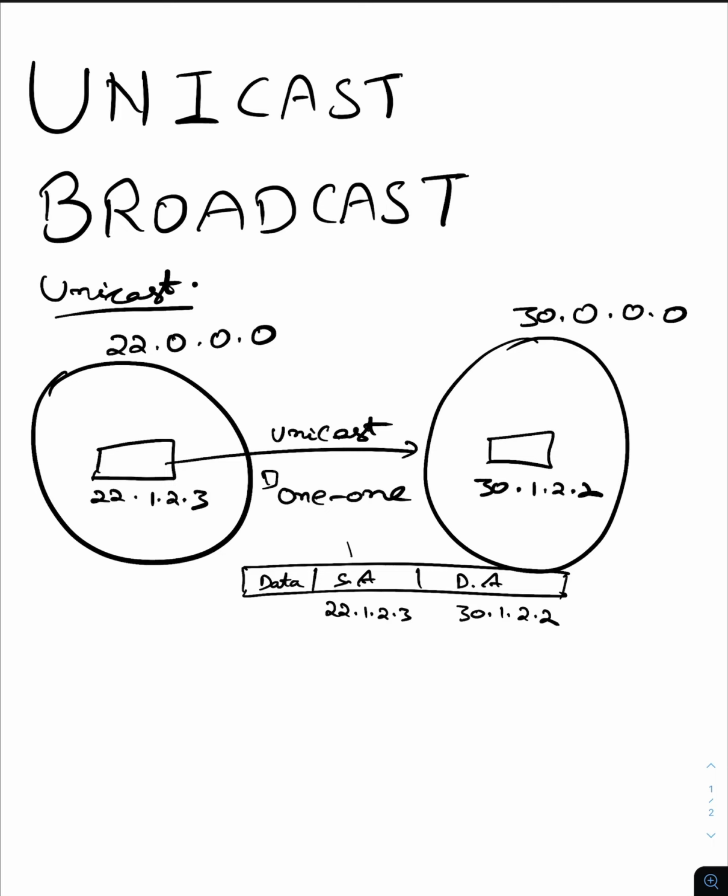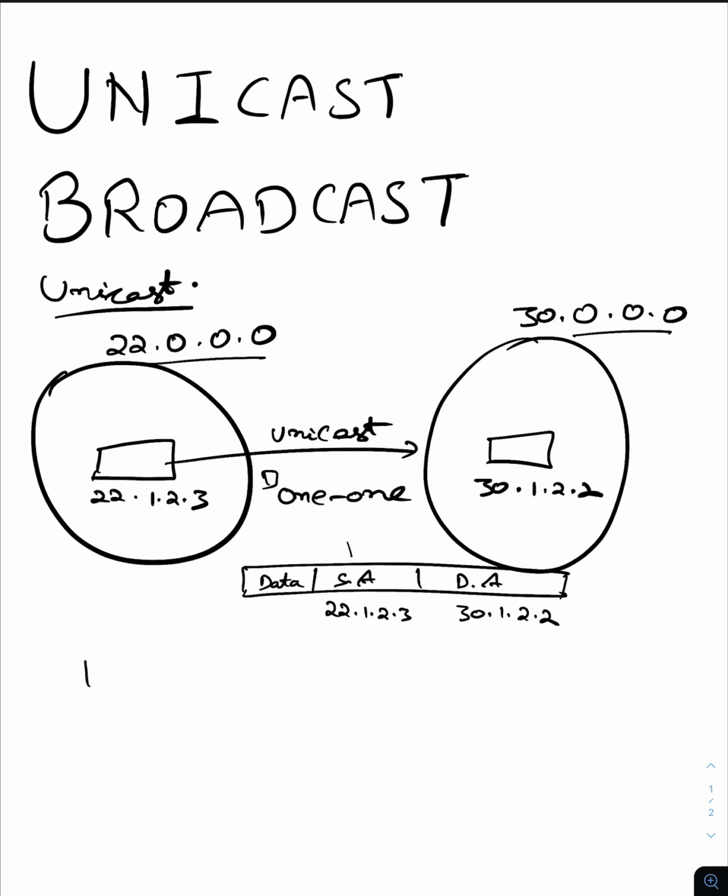Then it's called unicast. And let me tell you how you represent a network. Here I told you this is the network 20.0.0.0, and here you're sending a packet to a different network, 30.0.0.0.